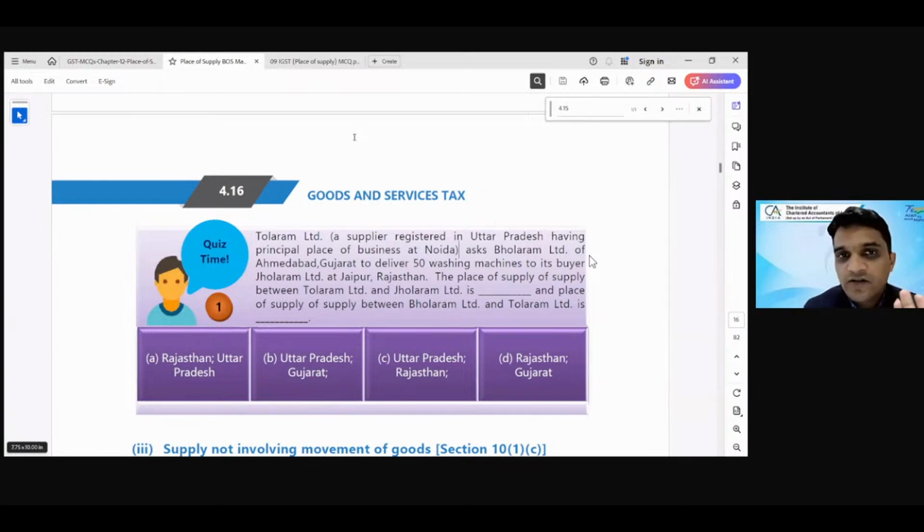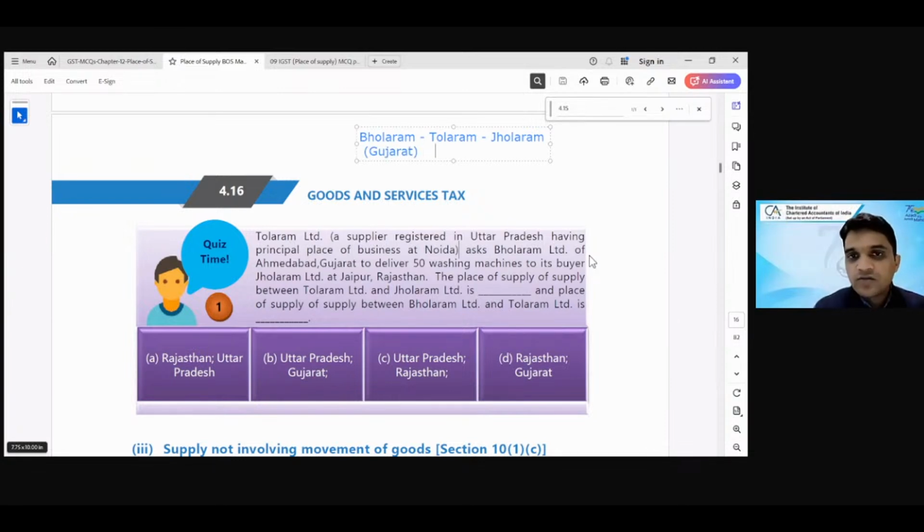That is what we understand from this. First is Bholaram. He will supply and invoice to Tolaram, and Tolaram will invoice his customer, Jholaram. Now, where is Bholaram situated? He is in Gujarat.